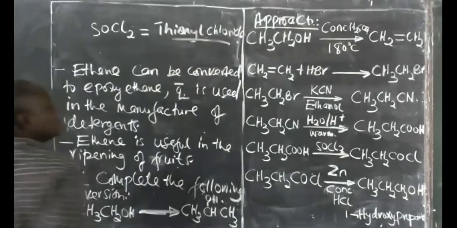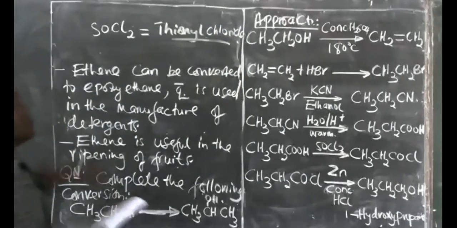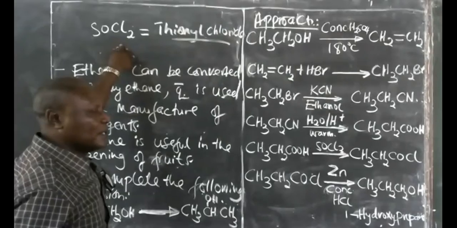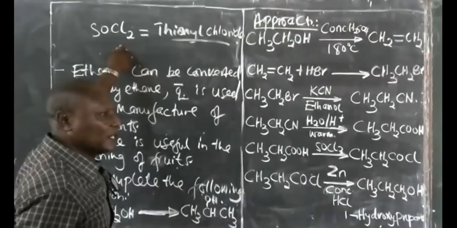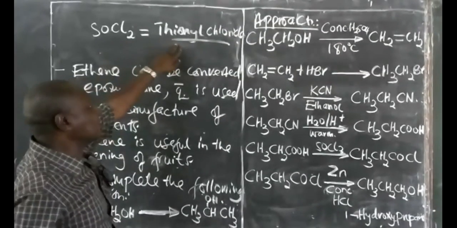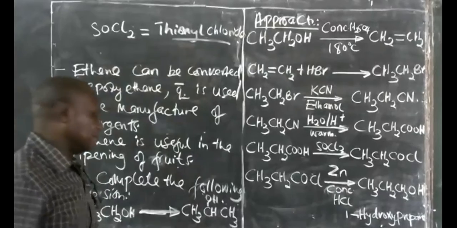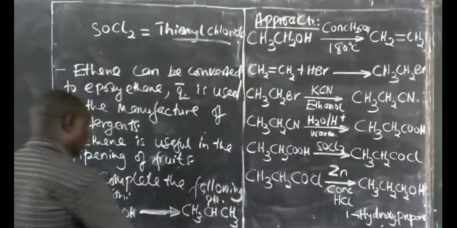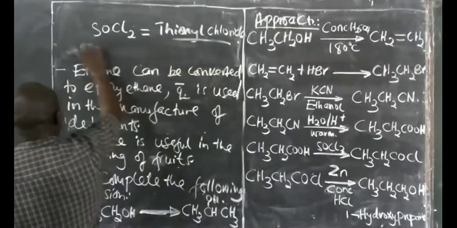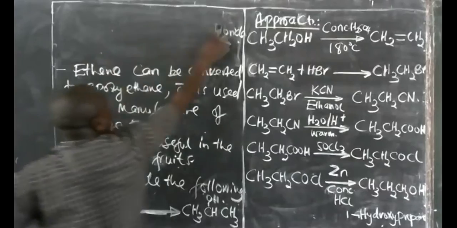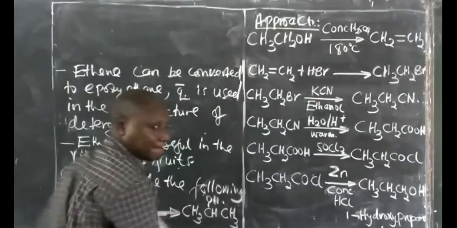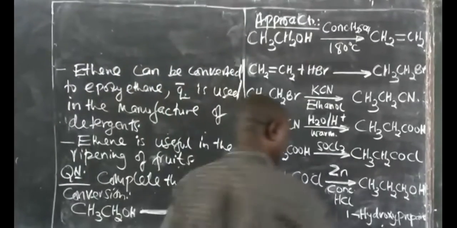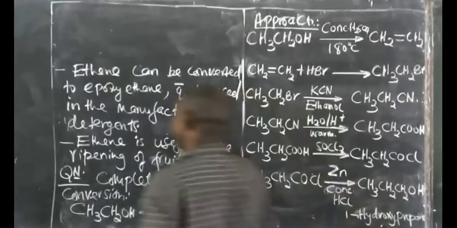You remember when you are dealing with monohalogenation of alkanes? We use this compound here, thionyl chloride.